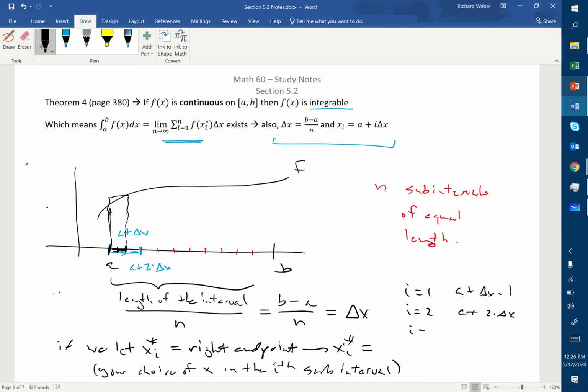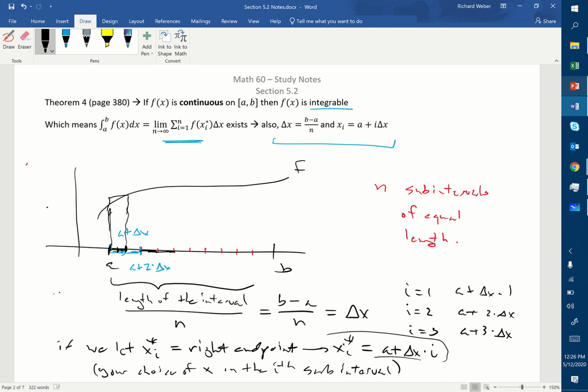If i is equal to 3, we have a plus 3 times delta x. What the heck are you talking about? Remember over here? You're leapfrogging, going up delta x, up delta x, up delta x, up delta x. And so what we have is the following. We have x sub i star is a plus delta x times i.